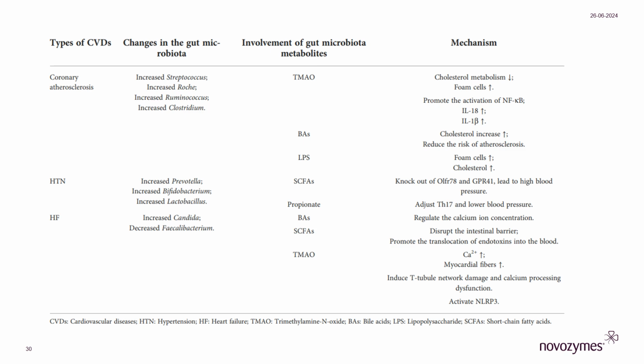And propionate can adjust the levels of T helper 17 cells and subsequently lower blood pressure. We can also see similar changes with heart failure patients, a decrease in the protective keystone species Faecalibacterium, which leads to a reduction in the short-chain fatty acid butyrate production, which is so important for healthy colonocytes and a healthy intestinal barrier.